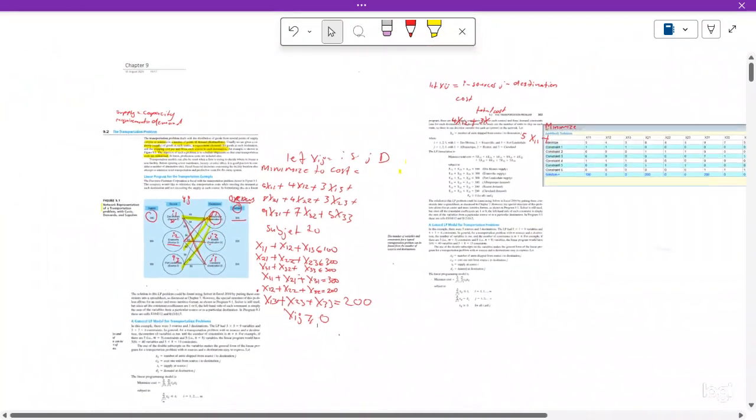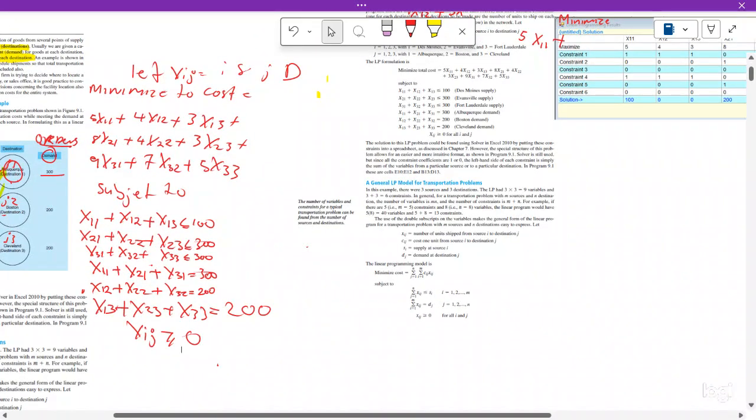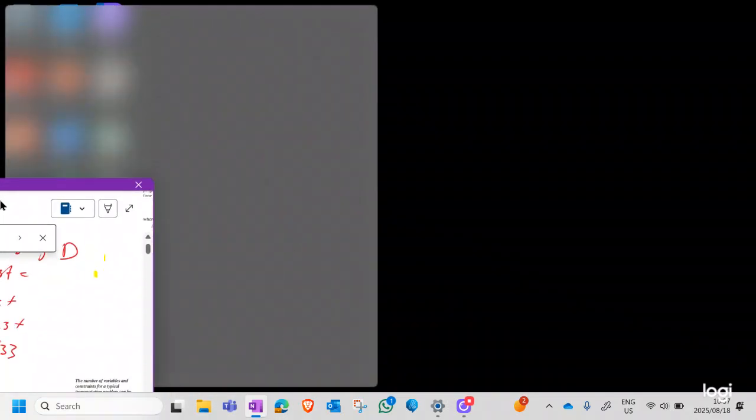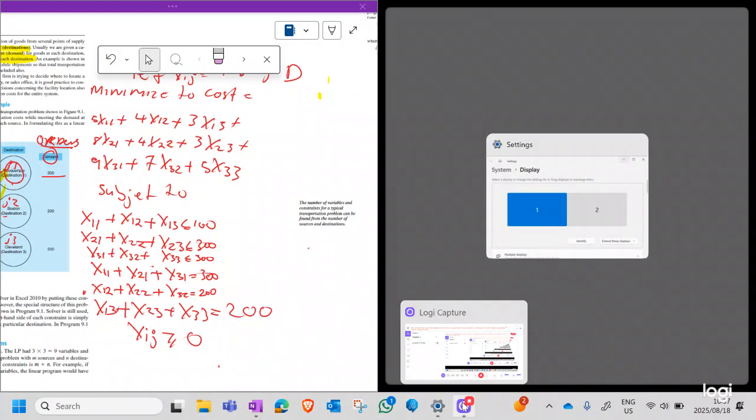Then we're putting it on the software. We put our constraints on the software. They're going to look like this. That's why I say here you won't be expected to solve anything.